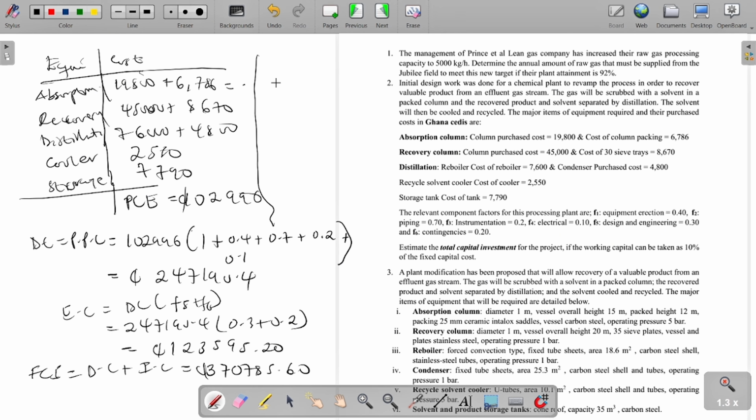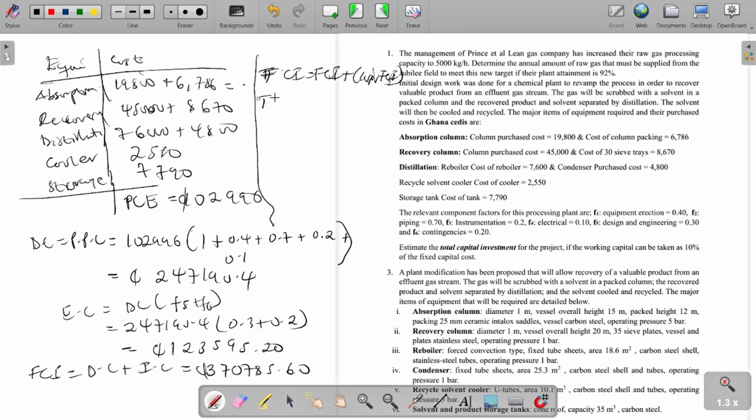Then they told me that the working capital is 10%. So you can find the TCI to be the FCI plus 10% of the FCI.